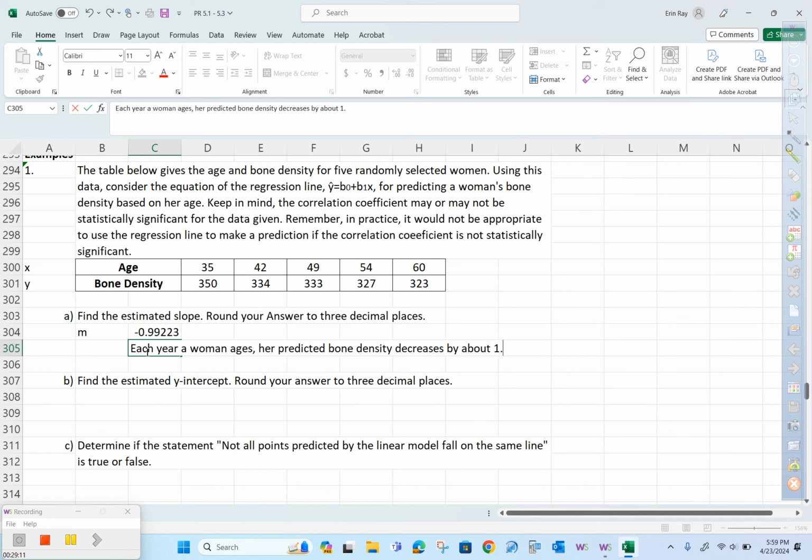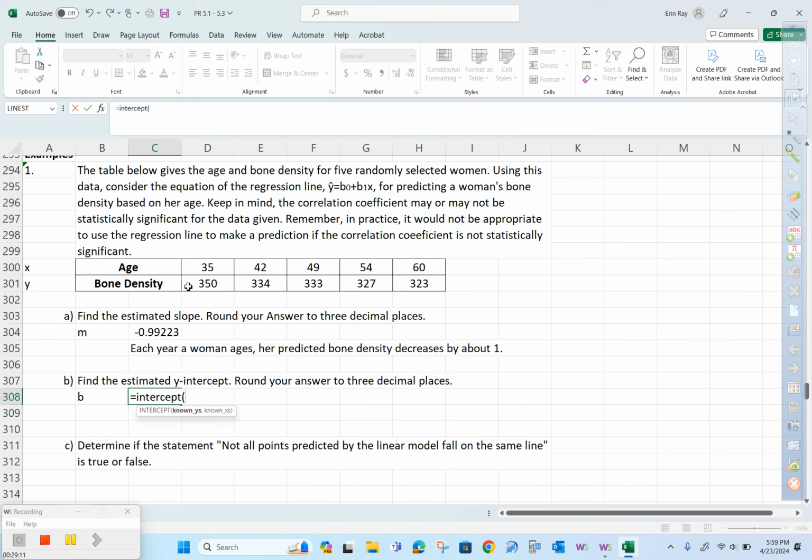Okay, but here's what I did. This number, I'm putting over 1. So this -1 is telling me about increasing or decreasing for whatever y is. And then you're always going to say each one, whatever the x is. So that was each year a woman ages, and then her predicted y value goes up or down by whatever that slope is. Estimated y-intercept, that's our b value, and it's equals intercept, remember.